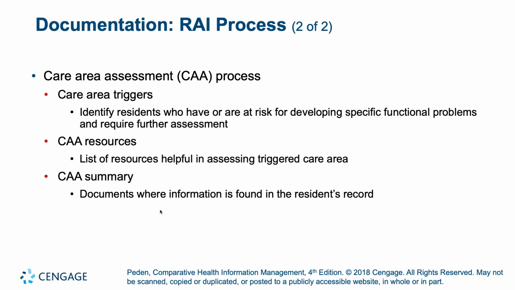This is a document that you have to keep in the record. So you do all this, you identify those area triggers, you assess them, you make sure you have all the resources that you're going to need to care for the patient or to develop that plan of care. And then you want to make sure that this is all in a summary document in the resident's record.